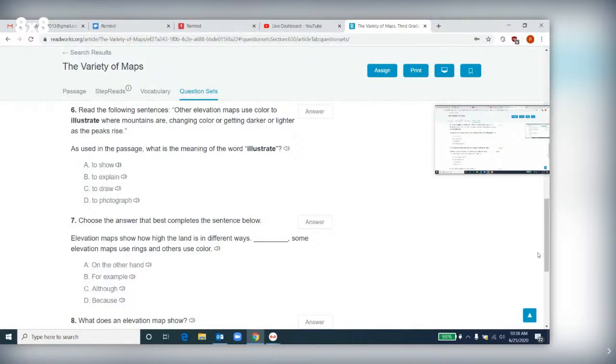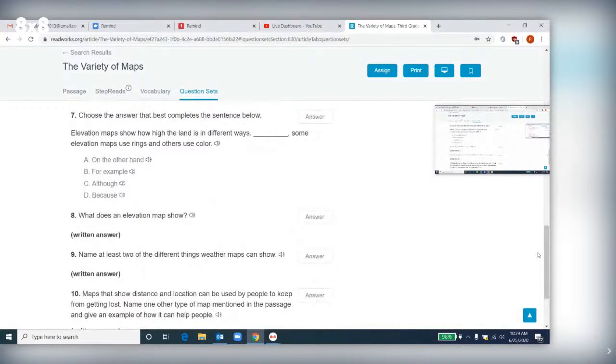It's saying some use rings, others use color, and those are two examples of two different maps. So the best answer would be B, because it's showing you two examples, rings and colors. Okay, so that's why it would be, for example.